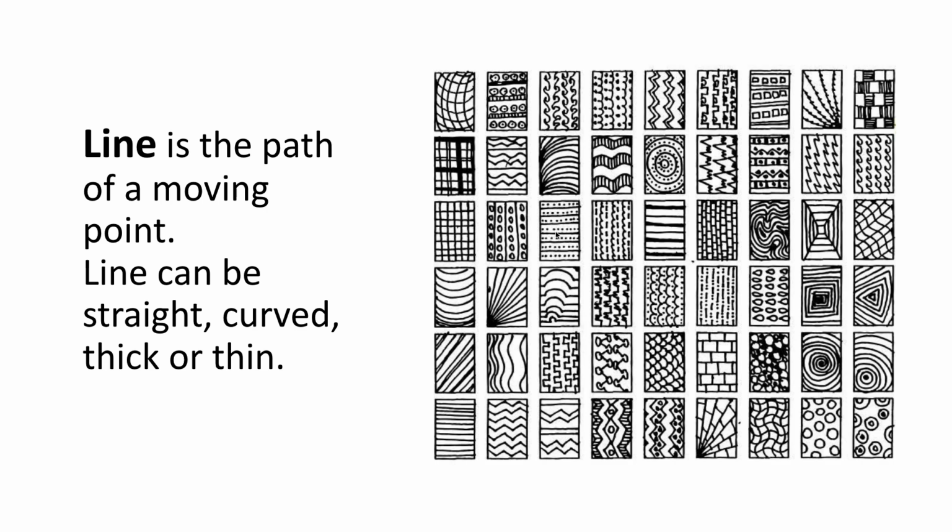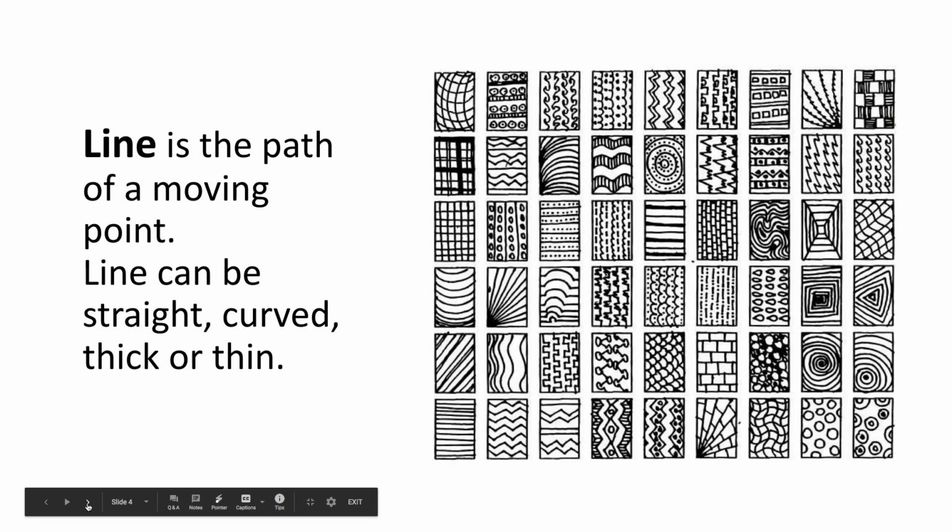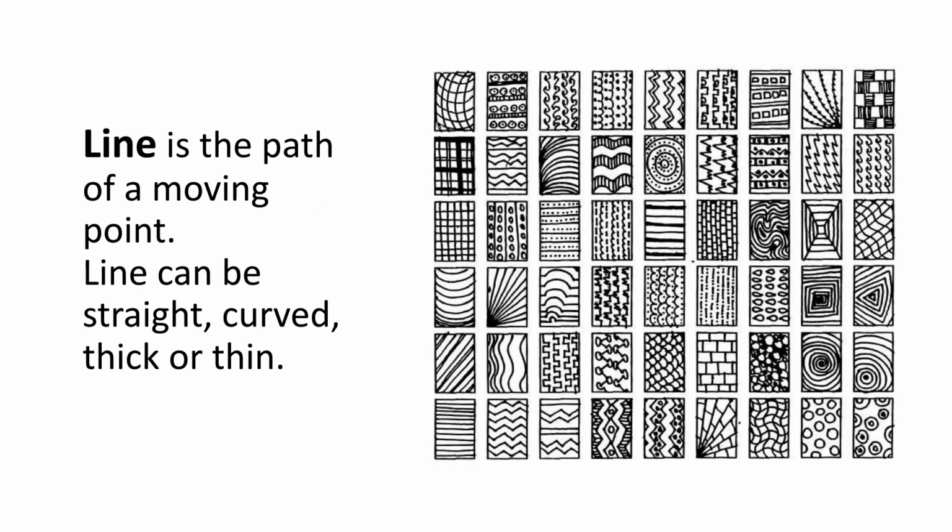And if you look at this one, the way this is arranged, it kind of looks like it might be fabric. You can see that some of these look like optical illusions, and all this is created just by the way the line has been used. This one kind of looks like this one right here, something bulging out.